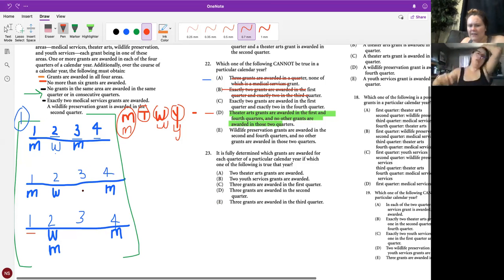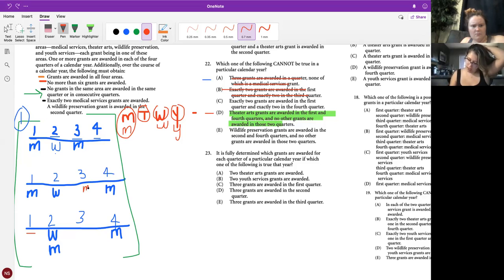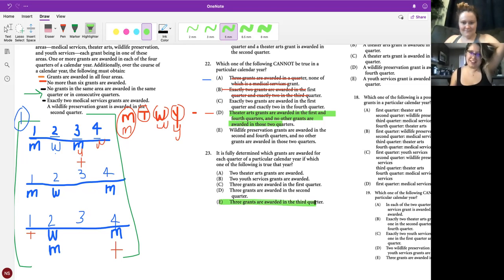Wait, no, I don't think that works. Wait, why? I have it written out as W's in 2, M, Y, T are in third. M is then in first because M can't be in fourth, and then W fills that last spot up. Oh yeah, you're right. I'm sorry, I'm an idiot. So we have M, Y, and T here, and then W here. Yes. Perfect.